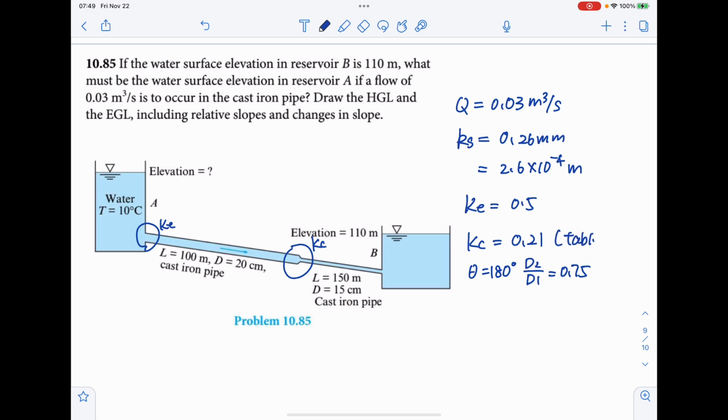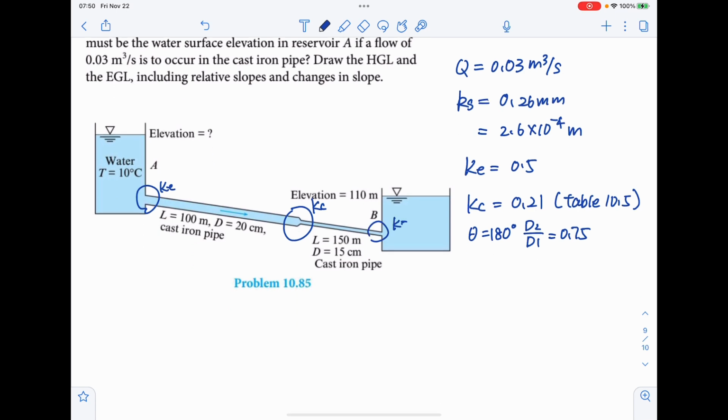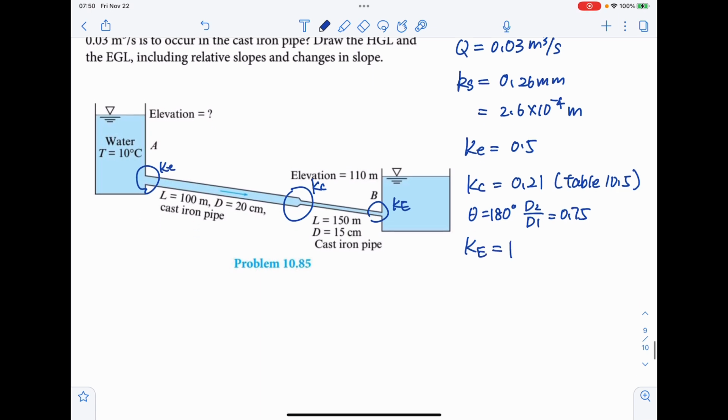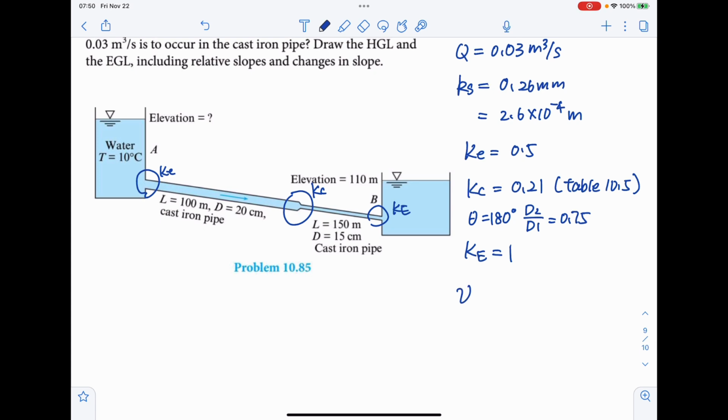So this is from table 10.5. And the K, uppercase E here, equals 1. Okay. The viscosity is 1.3 times 10 to the -6 meters squared per second for T equals 10 degrees Celsius.